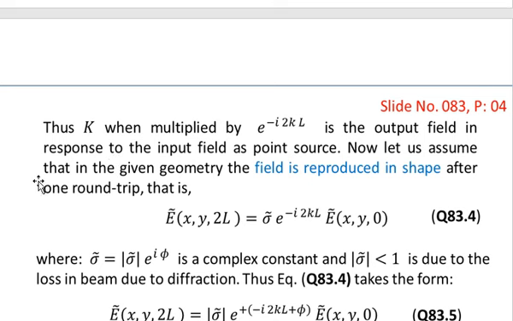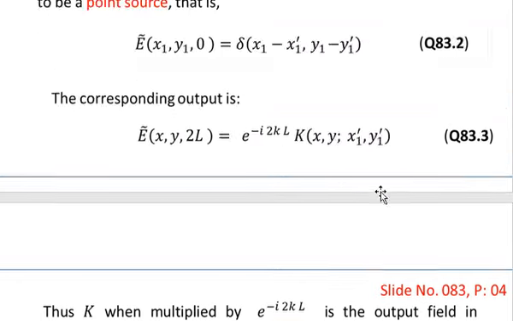Now let's assume that in the given geometry the field is reproduced in shape after one round trip. Consider this statement that the field is reproduced in shape.